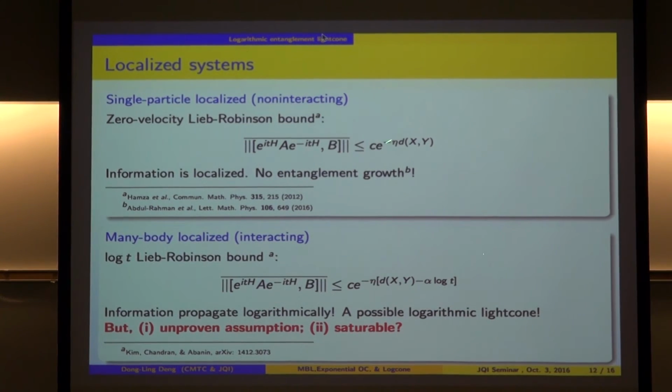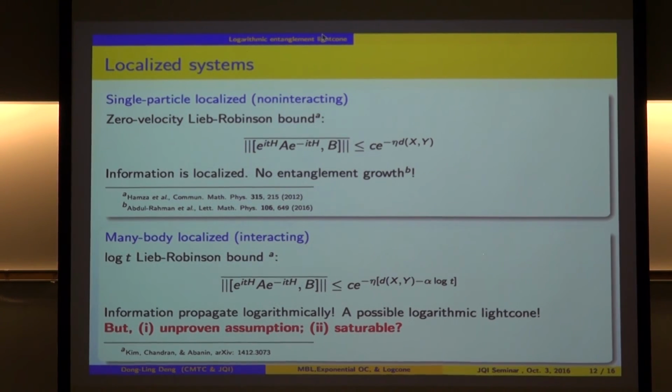You can see this bound is independent of time t. That means the information cannot spread out in these Anderson localized systems. Actually, there's recently a mathematical proof that there will be no entanglement growth in the Anderson localized system. That means no information can spread out.